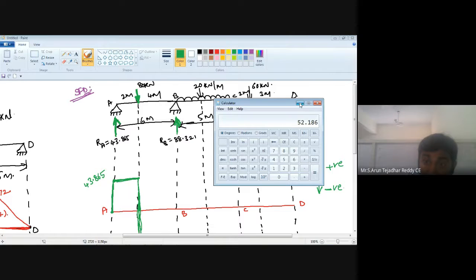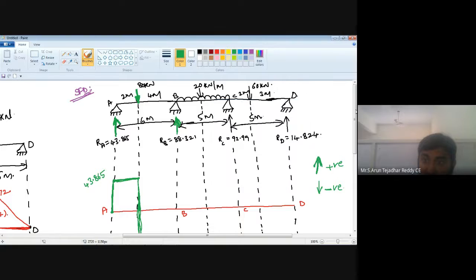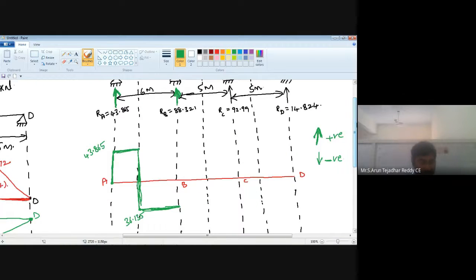It means above the beam we'll get our shear force diagram. 52.186. Now join this point.